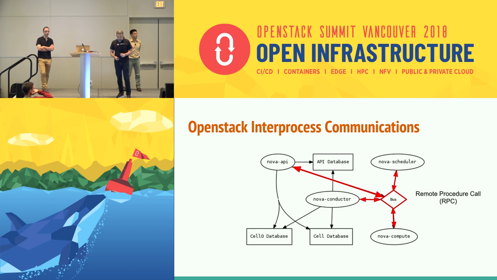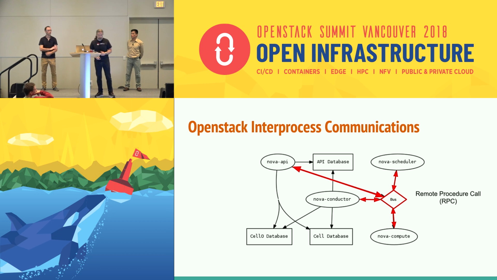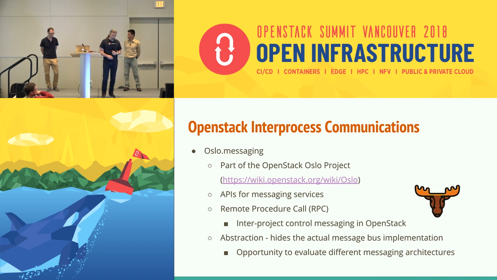Now, this library of RPC, procedure calls over a message bus and message bus integration is provided by Oslo messaging. All right, so it's a common implementation that all projects can leverage and use. It's part of the Oslo project, right? An Oslo project maintains a set of Python libraries for general purpose usage that other projects can use rather than reinventing the wheel.